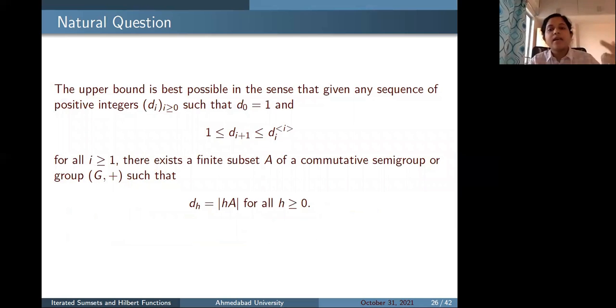So if I ask the converse this way: if I have a sequence of integers so that this will happen, then whether I will have a commutative semigroup and a finite subset such that this holds or not. In that case, we solved the problem and say that yes, there exists a commutative semigroup, but till now we can't say whether there exists any commutative group or not.